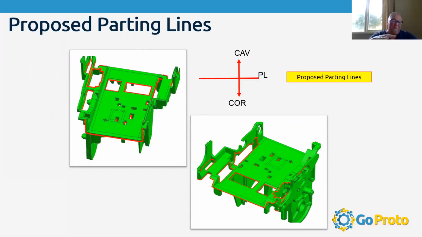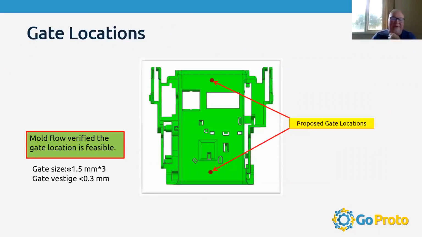So you picture this part in the tool with the cavity pulling away, the core pulling away. I'm getting ahead of myself here, so let me get into the draft section and we'll come back to this. But the big thing was I want you to remember that graphic there.